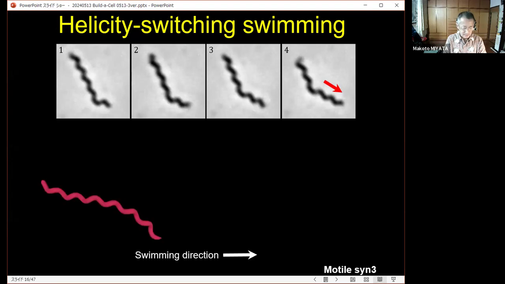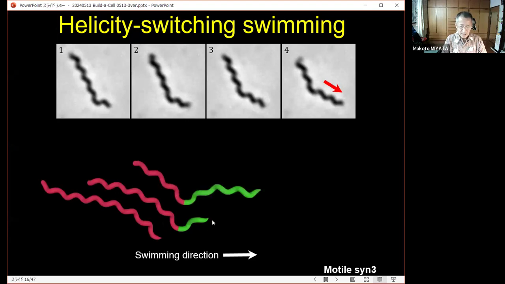In this case, it's right-handed, and the tapered end is the front end. From the front end to the back side, they do helicity shifting. The shifted part propagates to the back side, and after a while they switch again from the front side.